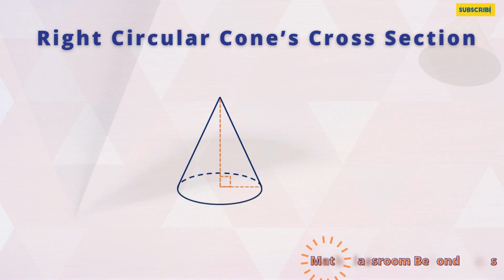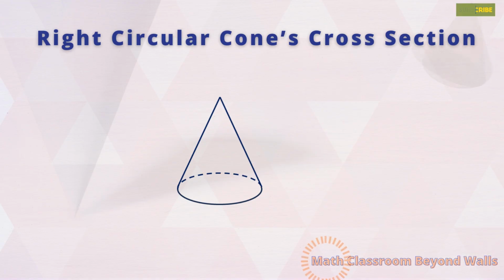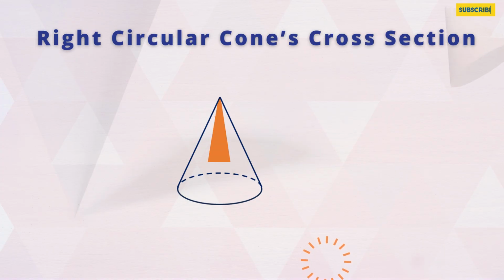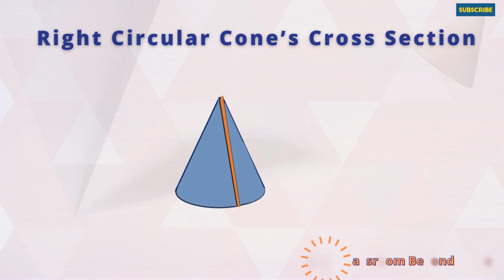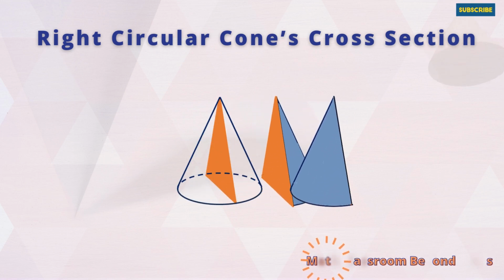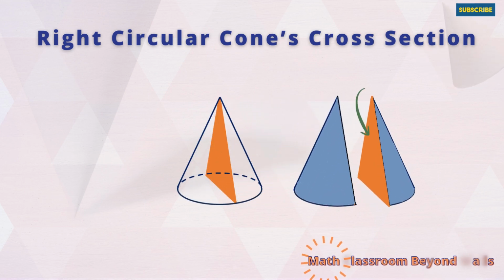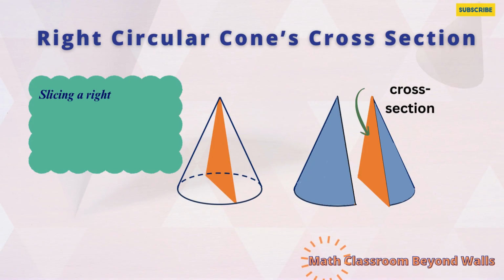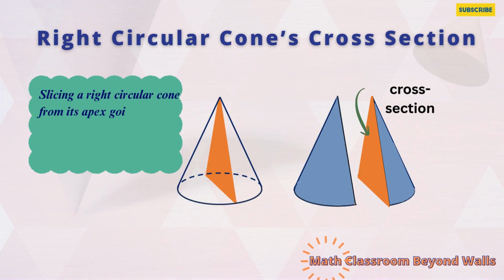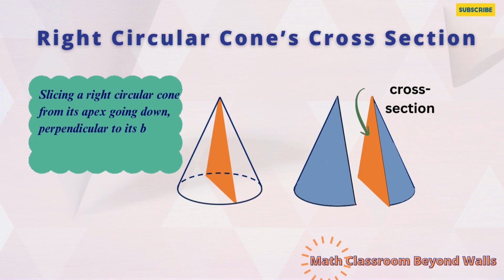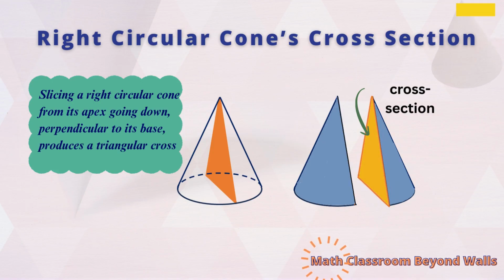What do you think will be its cross-section? Okay, let's go and find out. Slicing the right circular cone from its apex going down perpendicular to its base produces a triangular cross-section.